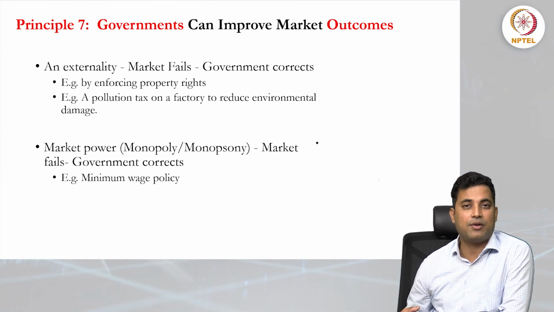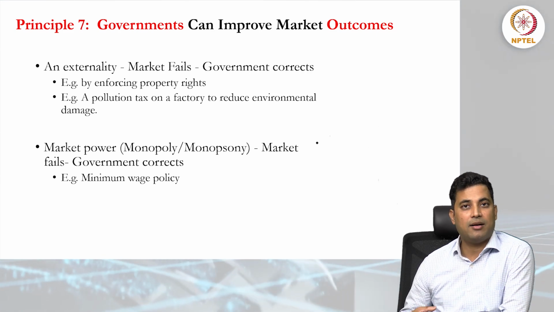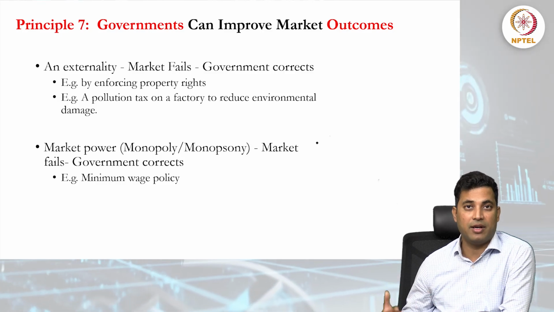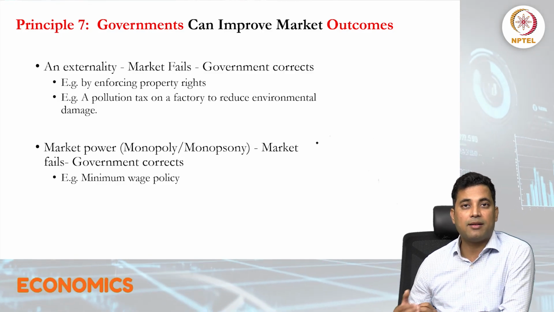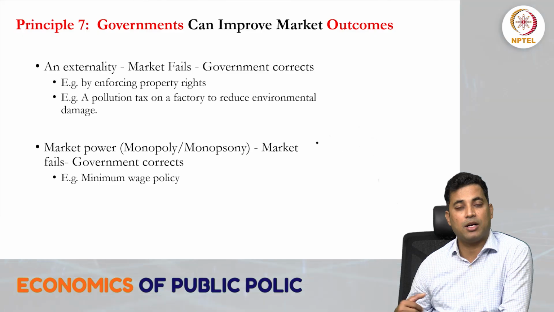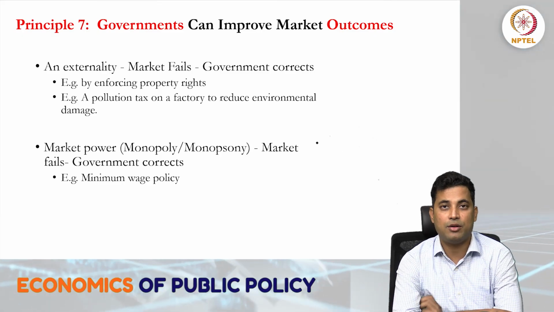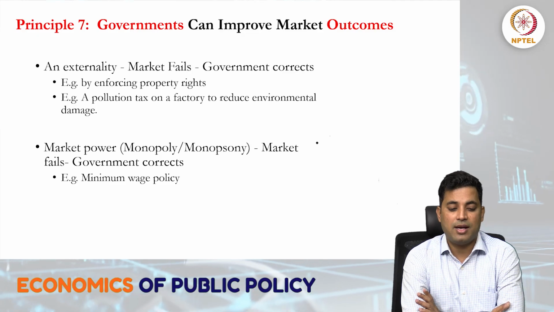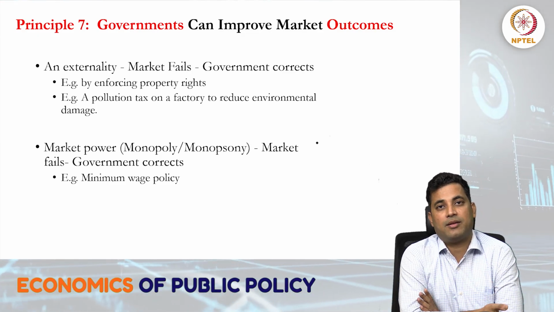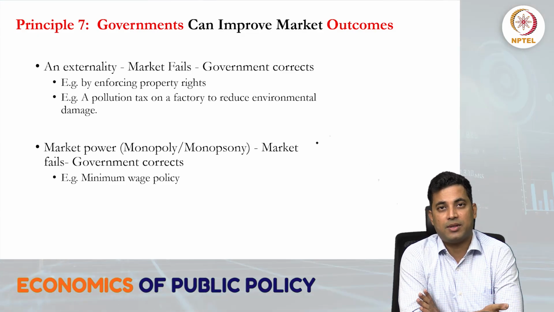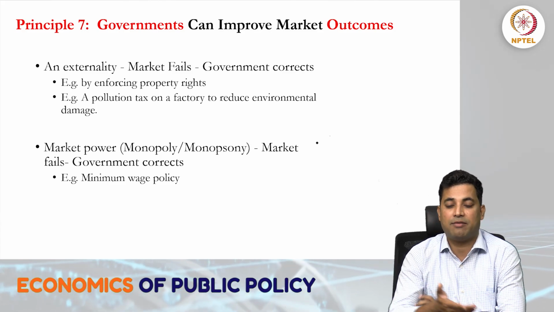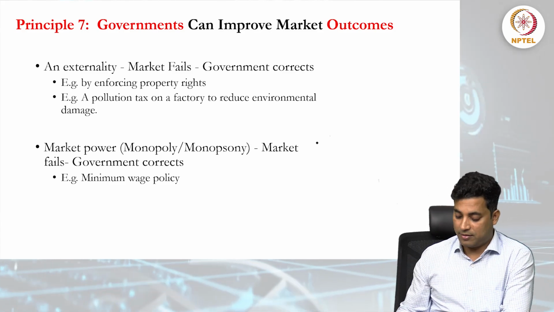In India, there are several minimum wages for various sectors. So this is how market power can be controlled by the government through various positive corrective measures. This is where the role of government comes in, and it is discussed in principle 7 of economics.